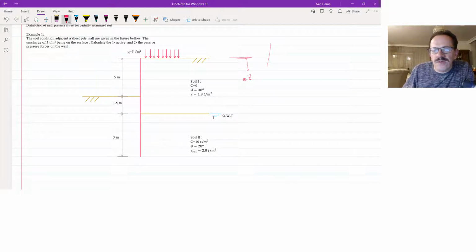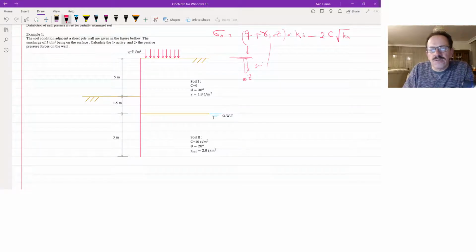It is at the depth of Z. So for active pressure, sigma horizontal, or sigma active pressure, in case that we have Q, is equal to Q, which is the surcharge pressure, plus gamma, which is the unit weight of this soil here, times the depth Z. Now this is the vertical column, this is the sigma V, and this should be multiplied by K active, minus 2C prime square root of K active.